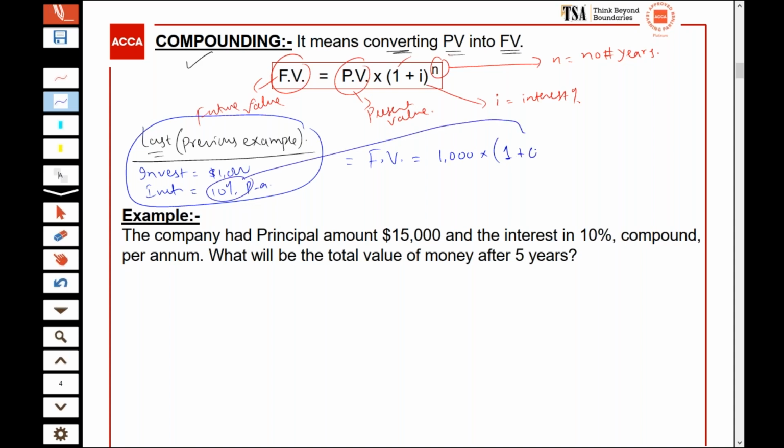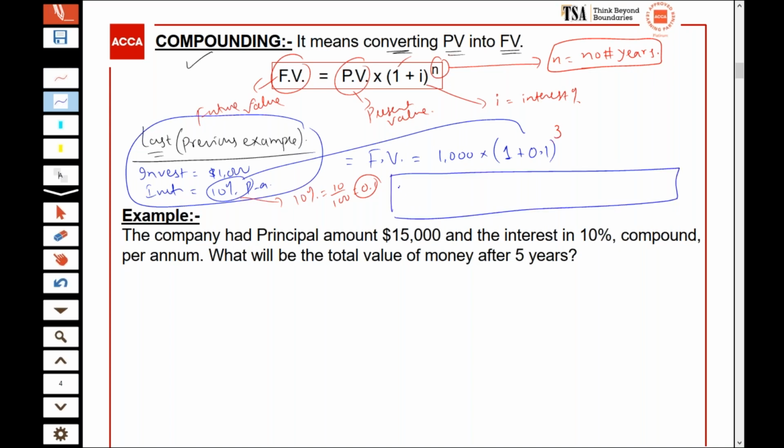Now this 10% becomes 0.1, because 10% is 10 upon 100, and that is 0.1, power 3, that is number of years. So future value is equal to 1000 multiplied by 1.1 power 3, that will exactly be 1331. You can verify through your calculator: 1.1 to the power of 3, multiplied by 1000, after 3 years.